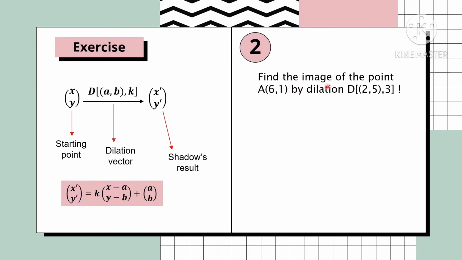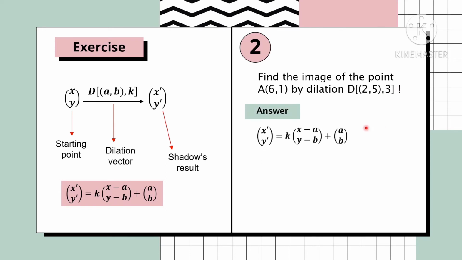The problem is, find the image of the point A with coordinates (6, 1) by dilation factor D with (2, 5) as the center point of dilation and 3 as the scale factor.